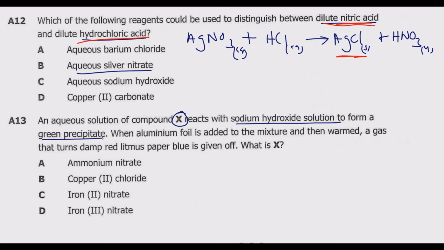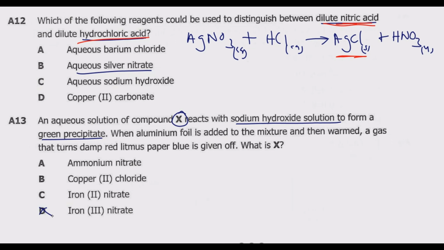When the solution contains iron 2 cations, it will form a green precipitate, while the solution containing iron 3 cations, when you add sodium hydroxide, will form a reddish brown precipitate. That's the distinction. So we know that it's not this one.